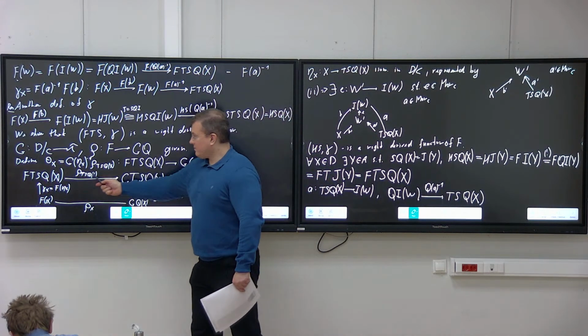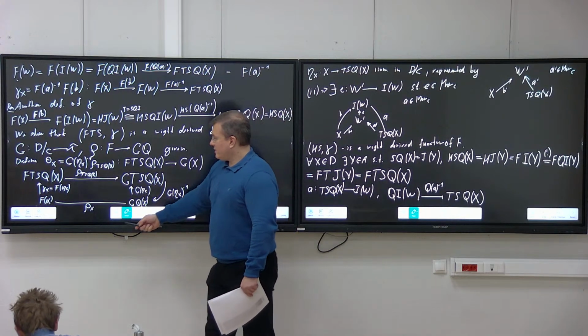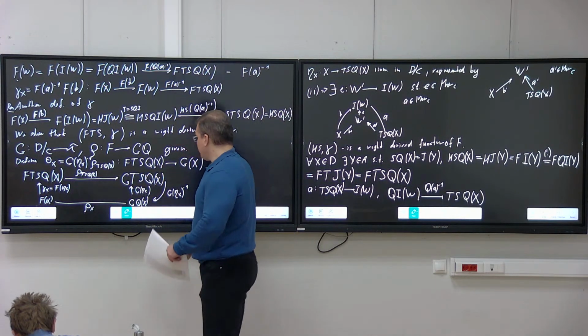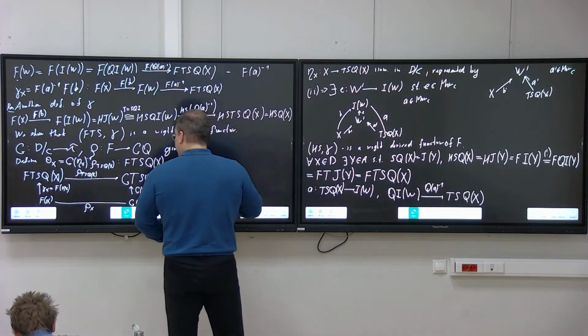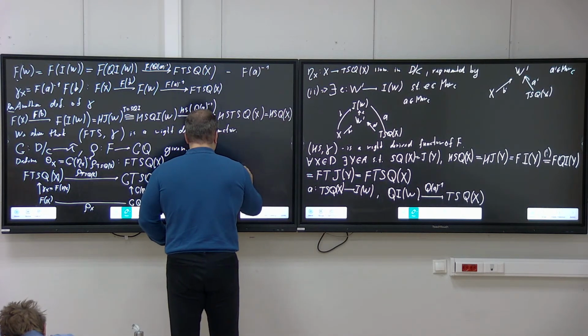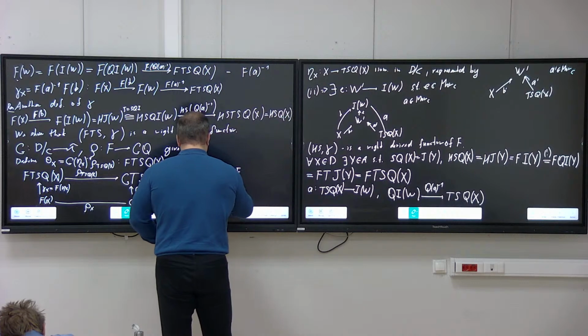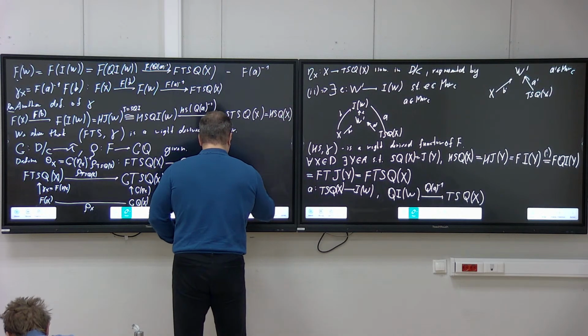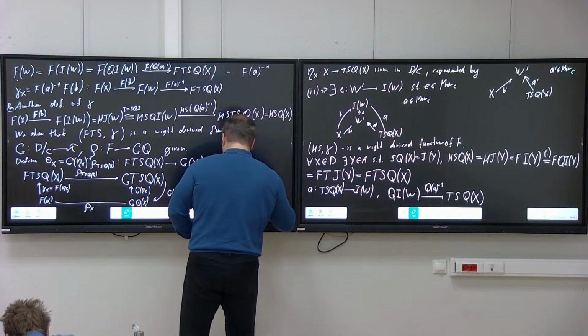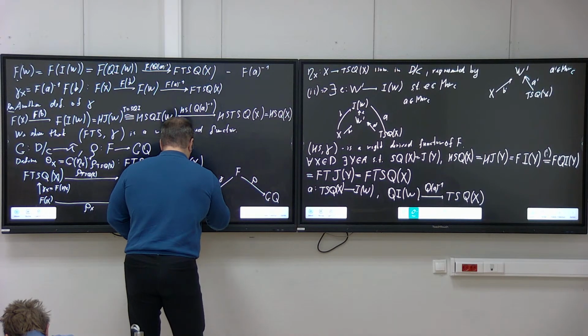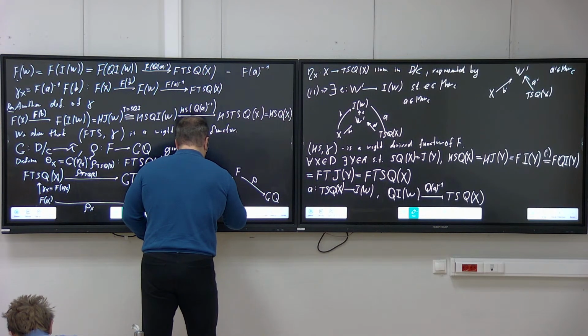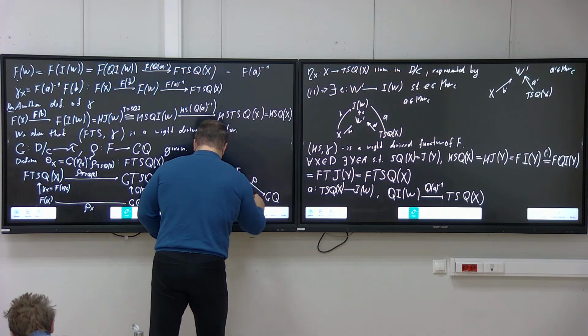So this natural transformation is theta sub x, this natural transformation is gamma, and this is rho. In other words, from this commutative diagram, I see the commutative triangle of natural transformations. So the gamma, rho, and this is F T S Q, which are also the objects I identify with the H S Q, and this last transformation is the composition of theta.